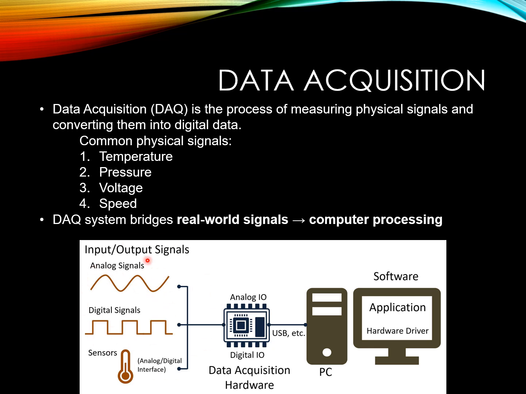Here the physical signals are available on the left-hand side, where your signal may be analog, digital, or a sensor signal, which is a combination of any kind of data. That will be read by a card termed the data acquisition card.